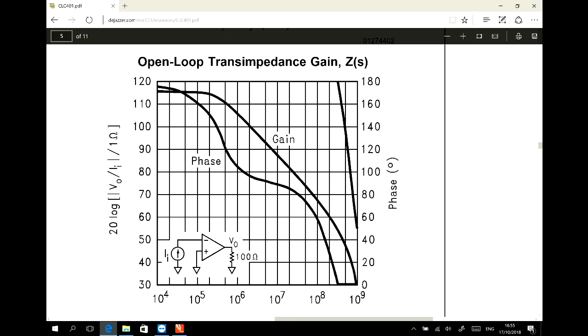We can go to a higher value. I mean, I can go, for example, to a higher phase margin. I can go to, for example, this point, 120, which is very good.